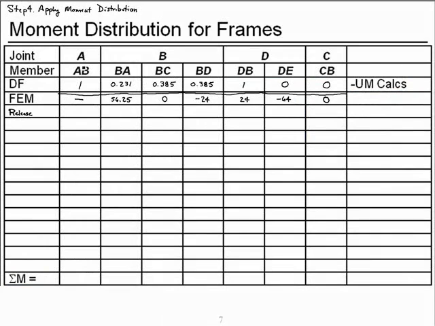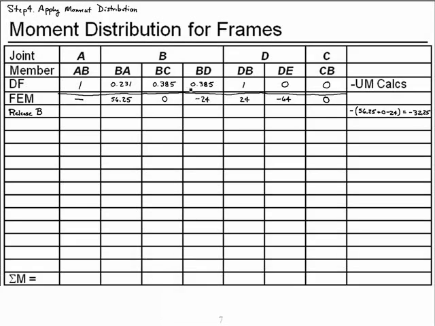And because node A carries no fixed end moment, there's no need for us to release node A. So let's jump to node B. We're going to need to take the opposite of the unbalanced moment, and the unbalanced moment is the 56.25 plus the 0 minus 24, and that equals a minus 32.25 foot kips. And this is the quantity we need to distribute to the three members framing in at node B.